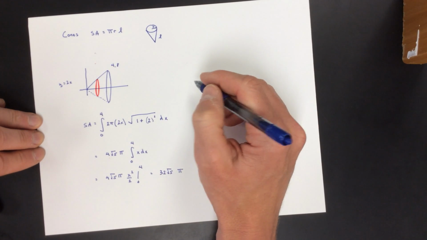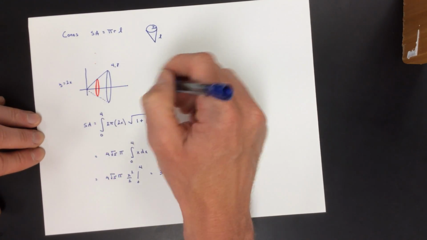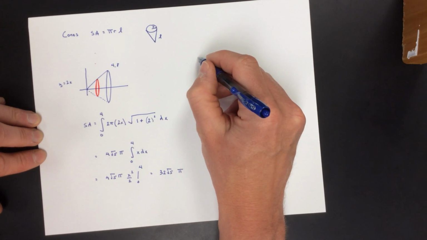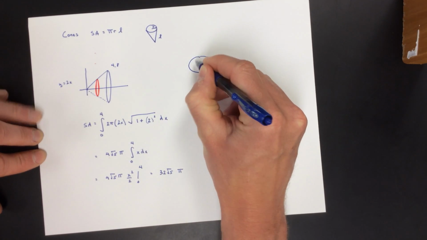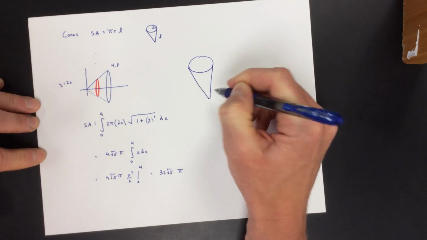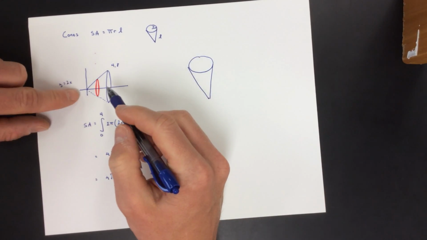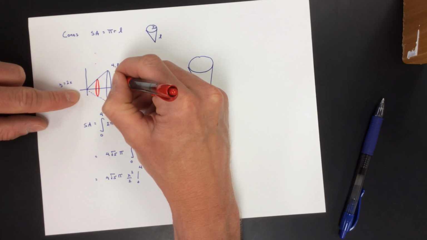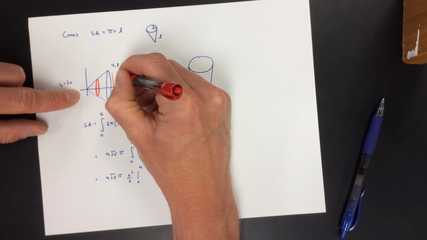Okay, so now let's do the geometry of this, right? This cone is kind of sideways. This cone that I drew is kind of not sideways. Let's maybe make that a little bit bigger and we can decide what all these things are. So this cone has a radius of 8, right? That distance is 8.